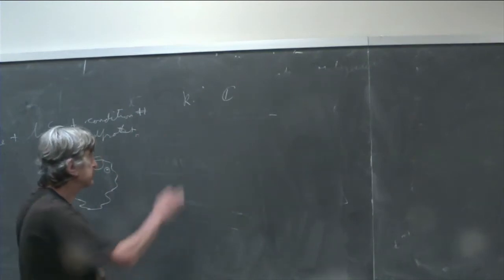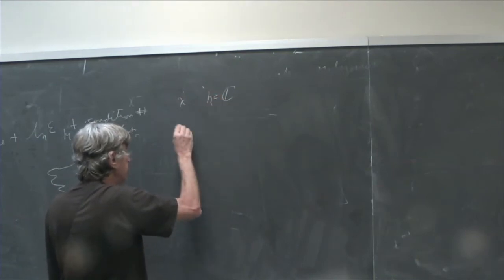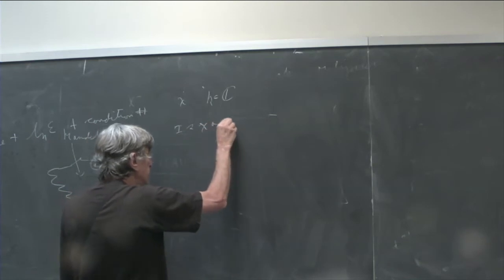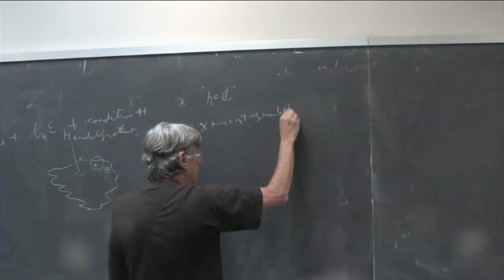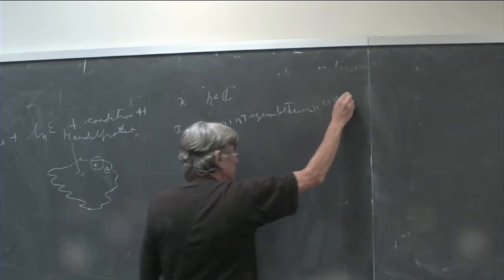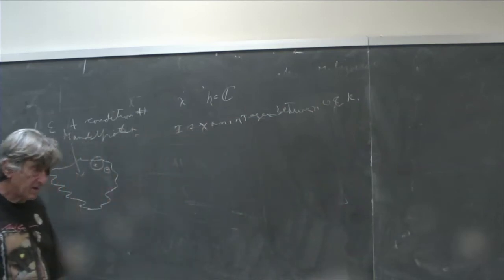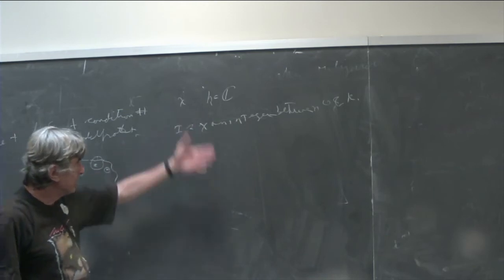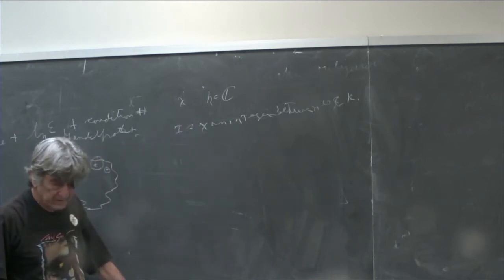I give you a K and an X in C, and I ask, is X an integer between 0 and K? I ask you to build a machine over the complex numbers that will solve this problem.